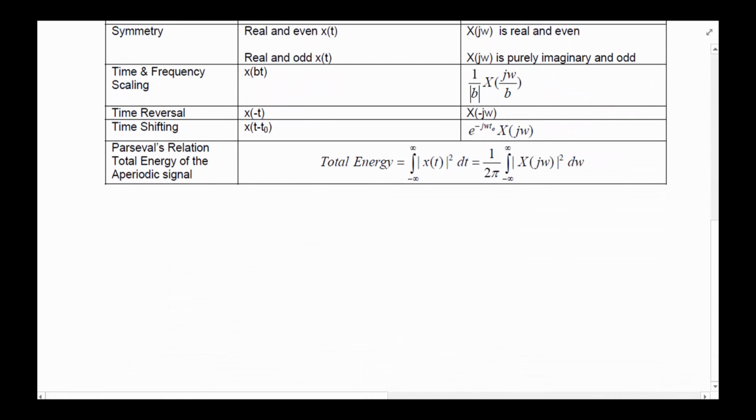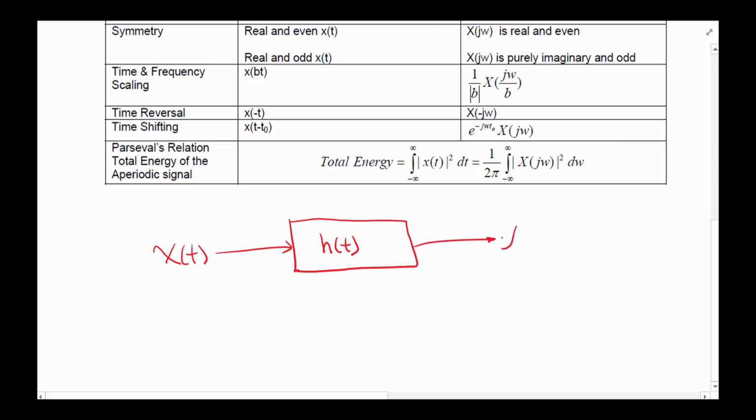The implication is if I've got a system with an impulse response h of t, and I put in an input x of t and get a y of t out, then my y of t would be the convolution of x of t with h of t.